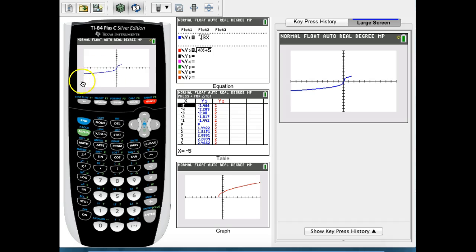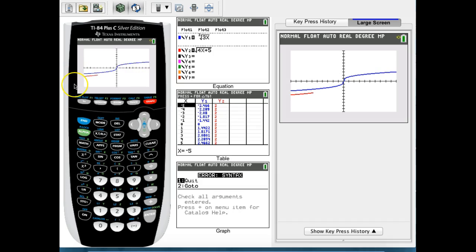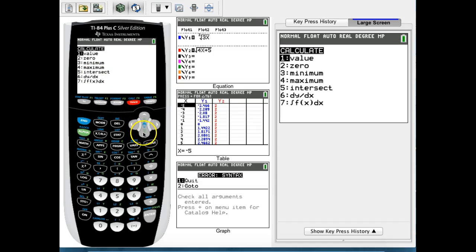Cubed root function kind of looks like a propeller. That jumped up right around 1, so I'm assuming that those are going to intersect at 1.6.